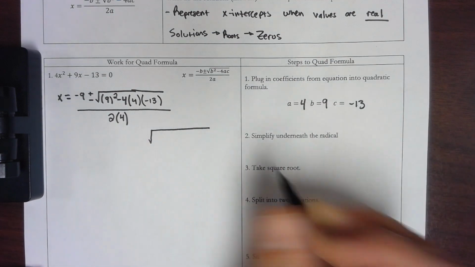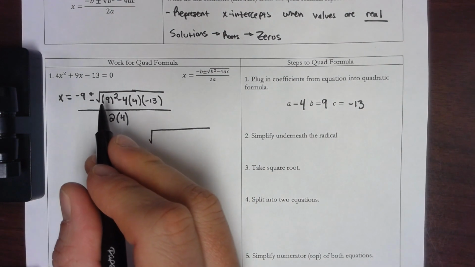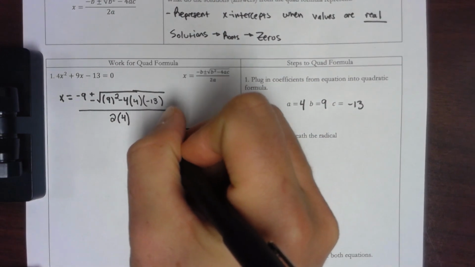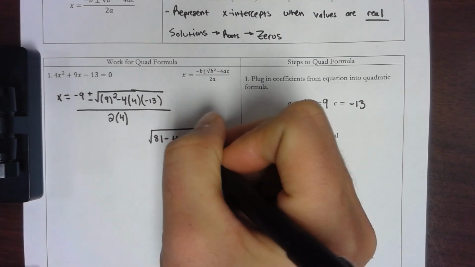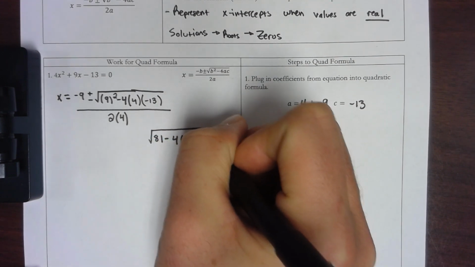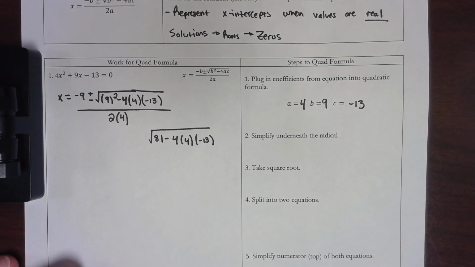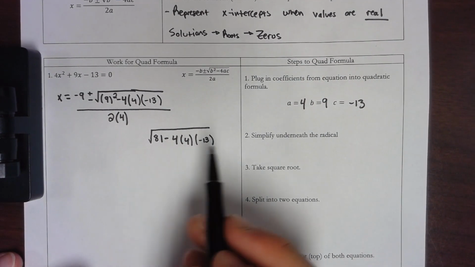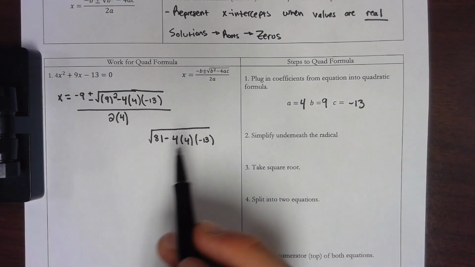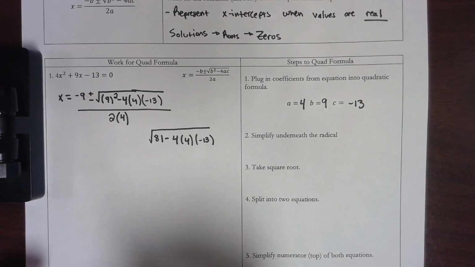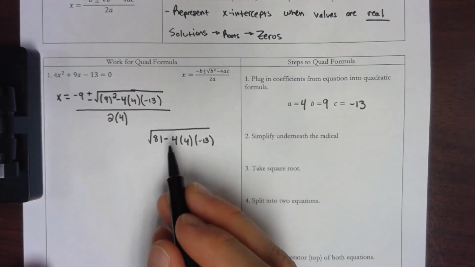And as I do this, I'm going to figure out a couple things. I know that 9 squared is 81, so I'm just going to deal with that right off the bat. Then we have minus 4 times negative 13. Now, this is often a place where students make mistakes because they're not quite sure how to multiply all these terms and ultimately whether or not we're adding or subtracting this. What I do is I treat this as negative 4.